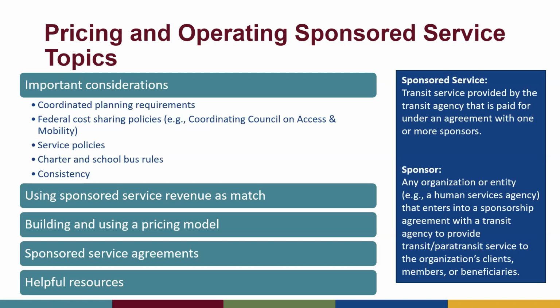How do you apply federal cost sharing policies and principles, particularly those published by the Coordinating Council on Access and Mobility, or CCAM? We talk about other things to remember. How do you set service policies when you have multiple sponsors that might have different requirements? They might want trips very early in the morning or very late at night. And so how do you balance all those, as well as deal with and maintain compliance with charter and school bus rules? And just how do you maintain consistency between your general public service and your sponsored service? And how do you handle that?